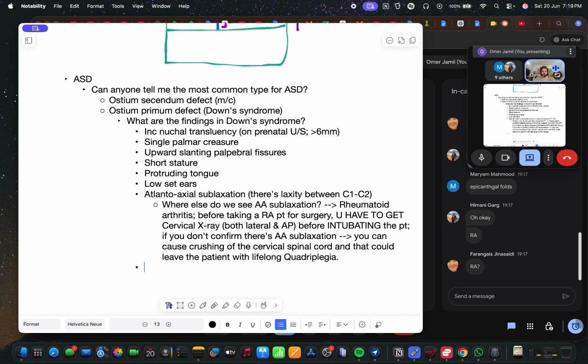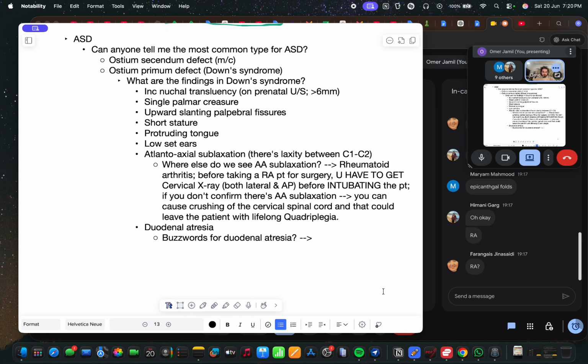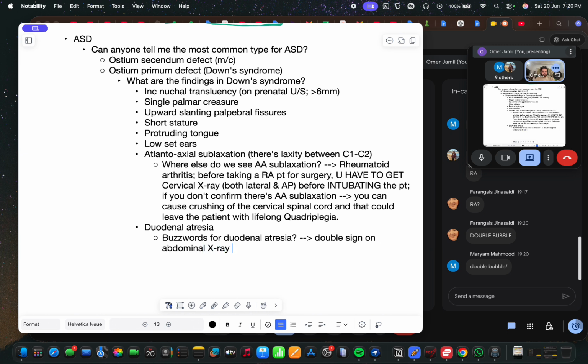Then if you go over to the GIT, in GIT we have duodenal atresia. What are the buzzwords for duodenal atresia? Anyone? Double bubble sign on abdominal X-ray, and what else?